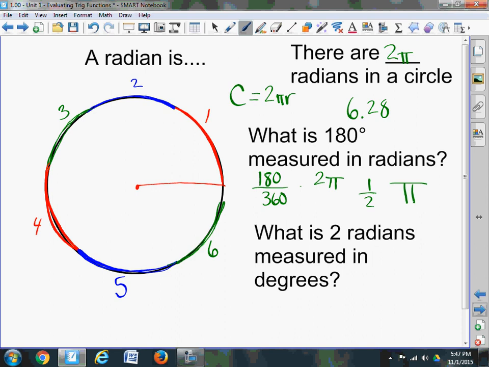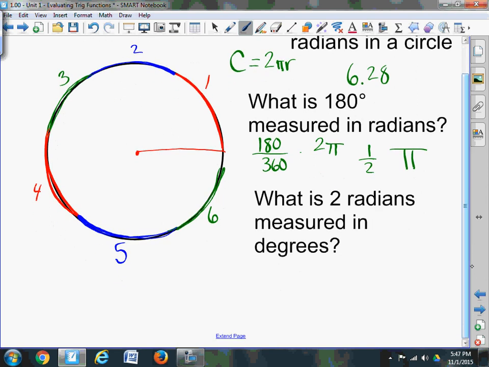All right, it says what is 2 radians measured in degrees? Radians usually are in terms of pi because the circumference of a circle has that ratio of 2 pi. But if I was doing just 2 radians, it would be 2 times a conversion rate, 360 for every 2 pi.